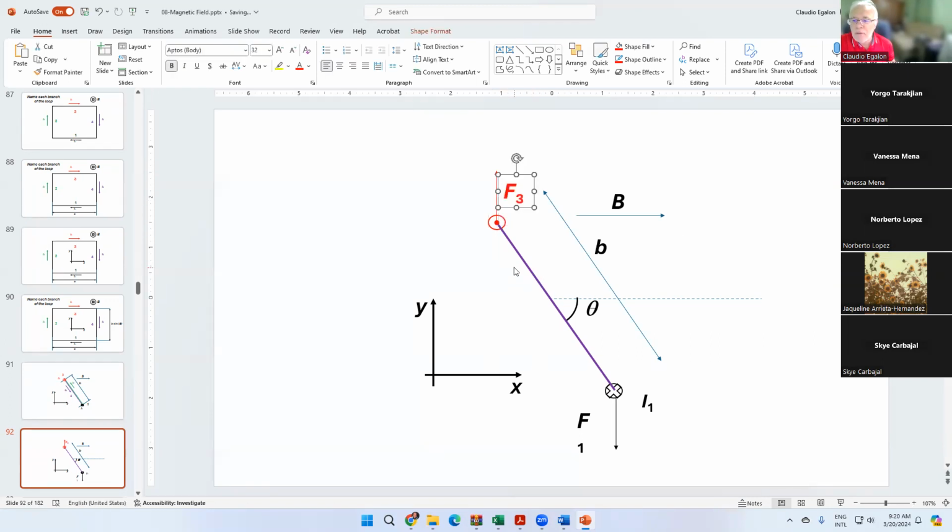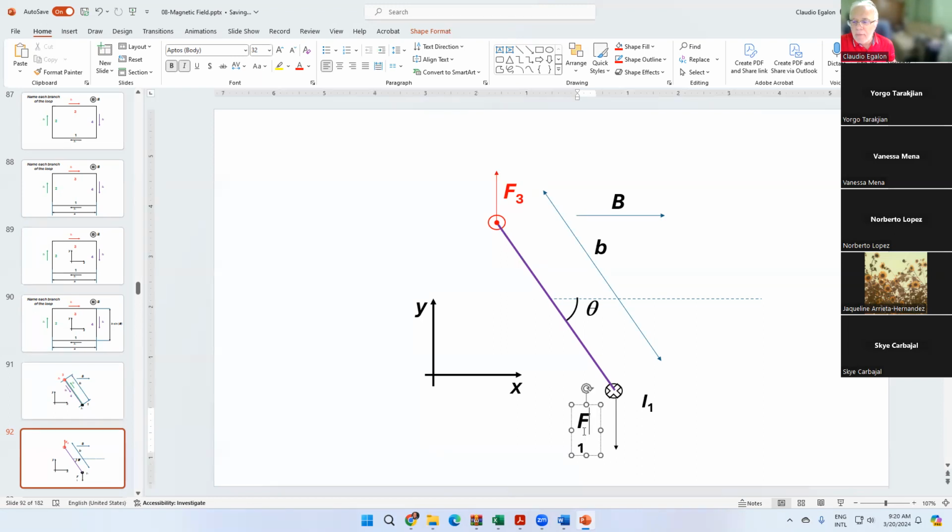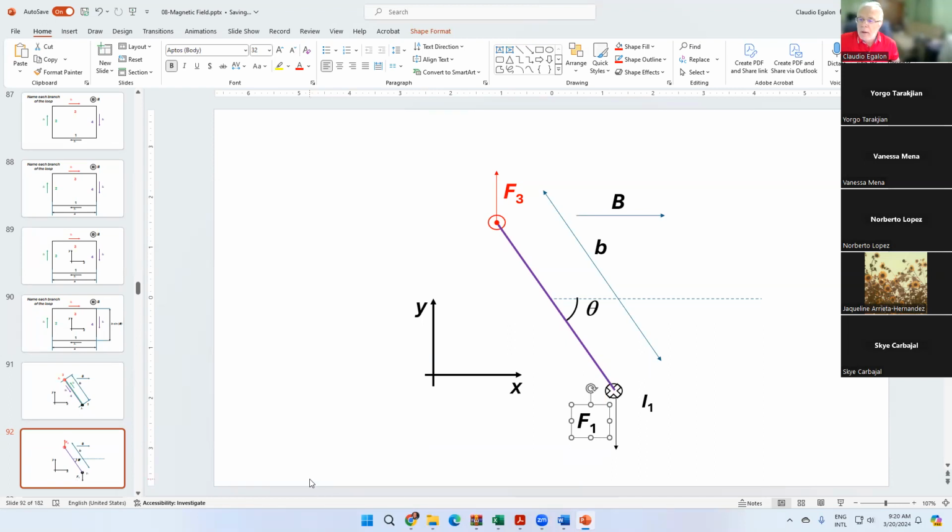So that should be F3. We do the same for the other wire. Palm along the direction of the current, cross towards the B field; consequently, the force is downwards.